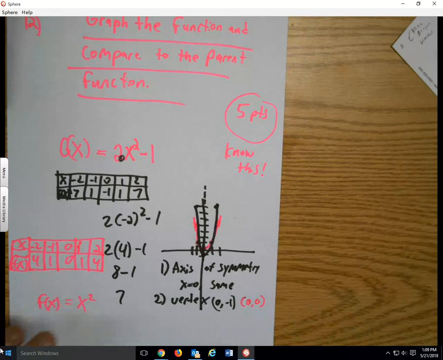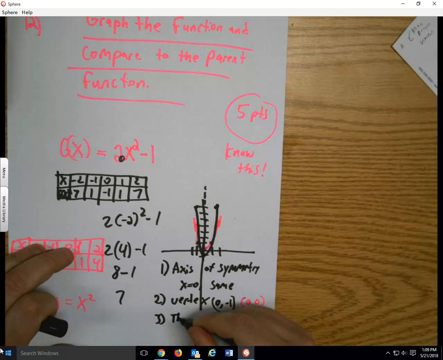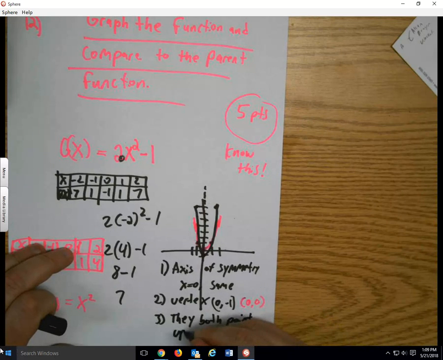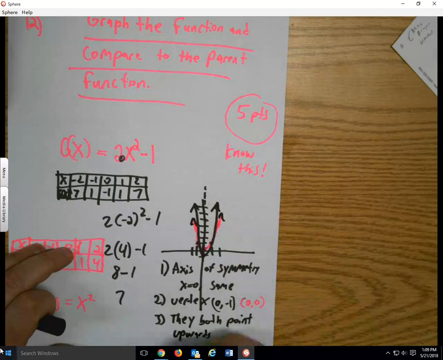It's at the origin. Okay. Number 3, directionality. It's kind of easy. You just remember it. They both point upwards. These little arrows would go on for infinity. They're both pointing the same way. It's kind of an easy one.